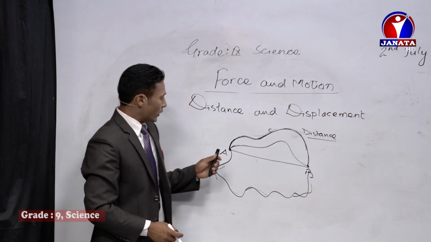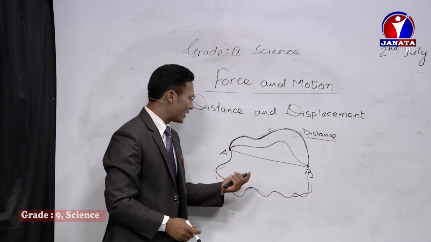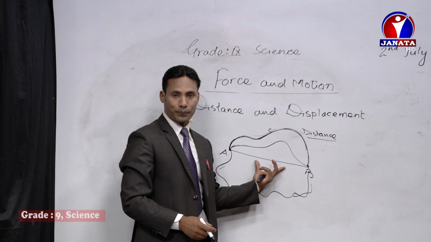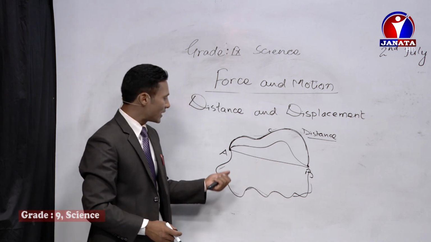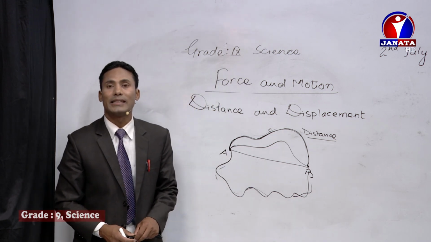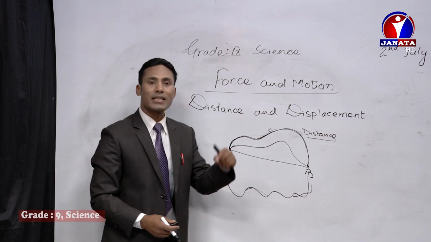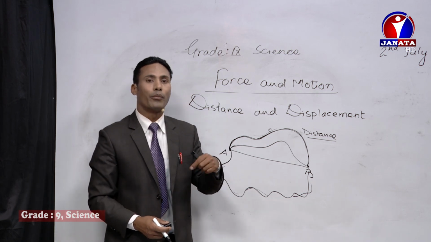Now if I talk about the shortest distance between A and B, that we will define as the displacement. So displacement is the shortest distance from the initial point.